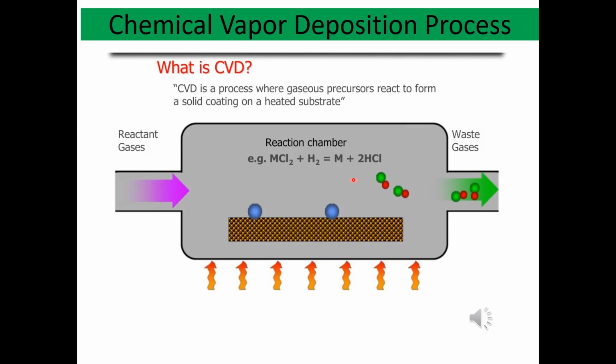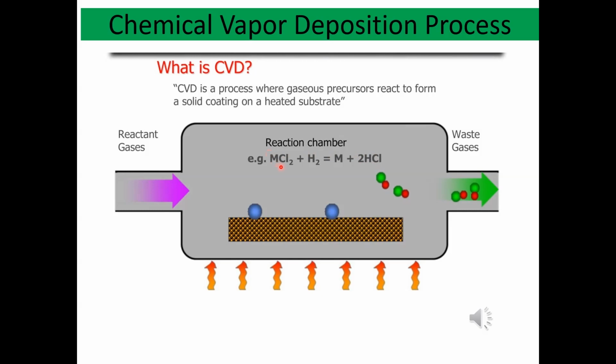this opening. For example, here is an example that a salt MCl2 reacts with hydrogen to give us the nanoparticles of metal, and plus 2 HCl molecules are released as a byproduct.